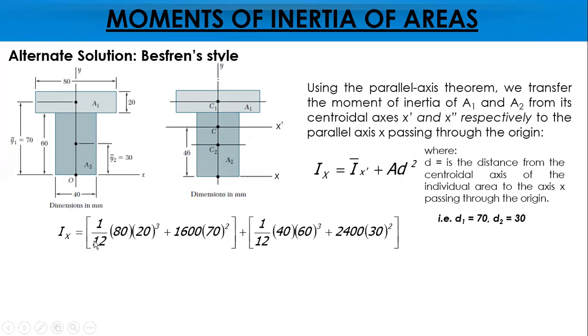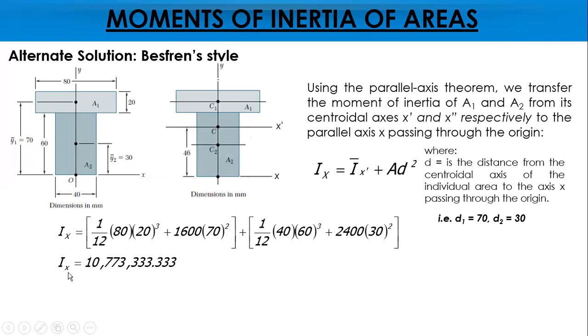This is the result: 1/12 base 80, height 20 cubed, plus area 1 times D1, 70 squared. For element 2, centroidal plus area times D squared, this is D2. The result is this with respect to x.